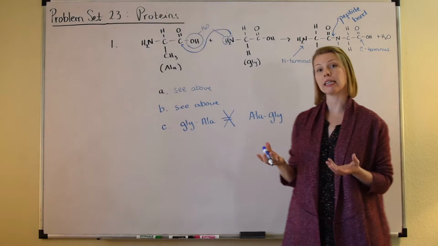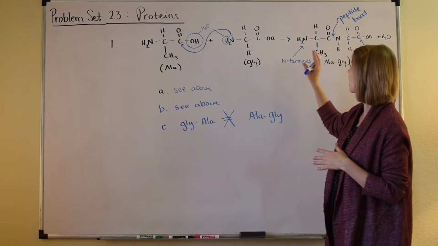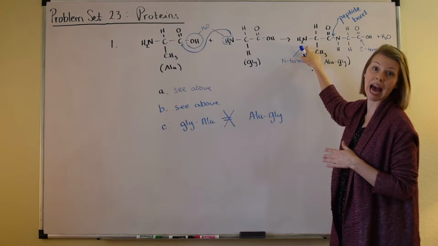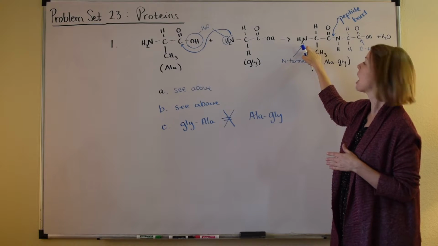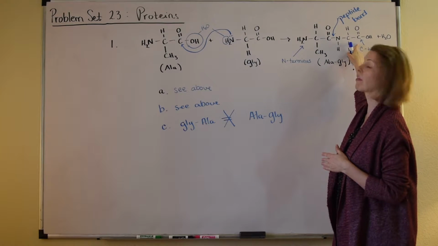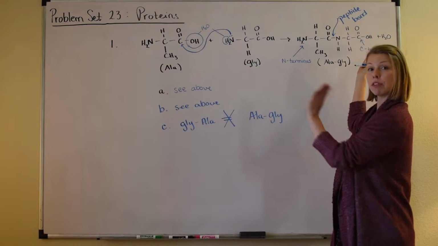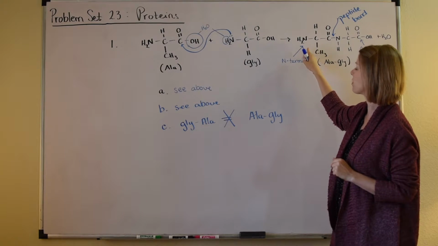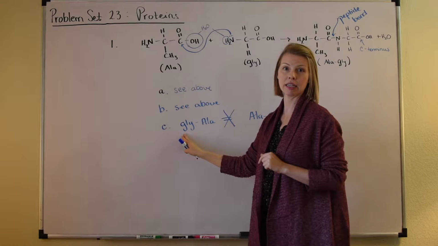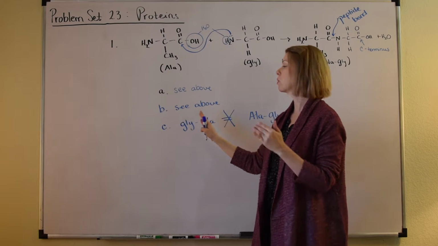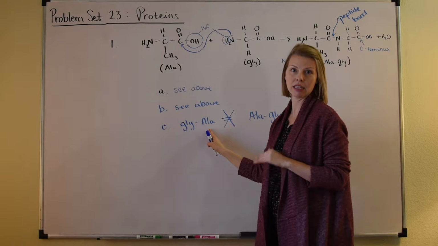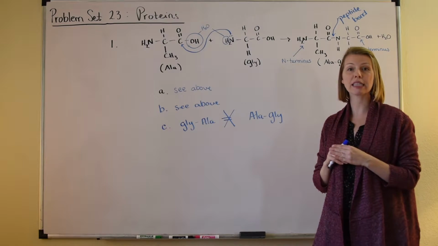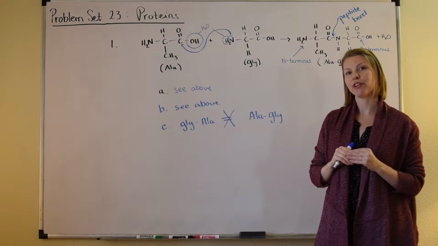And the reason is because in alanyl glycine, the N-terminus is off of the alanine unit, and the C-terminus is off of the glycine unit. If you switch the order, then the N-terminus will be off of the glycine unit, and the C-terminus will be off of the alanine unit. So similar, they're made up of the same 2 amino acids, but they are not the same peptides.